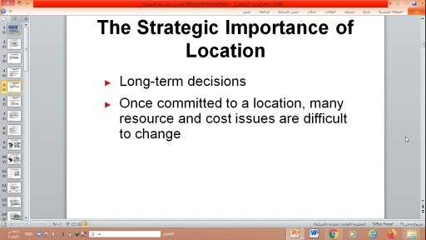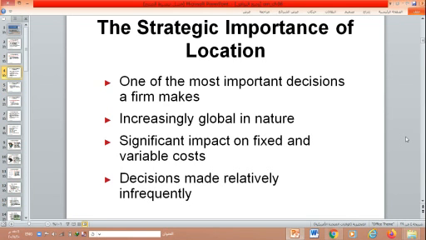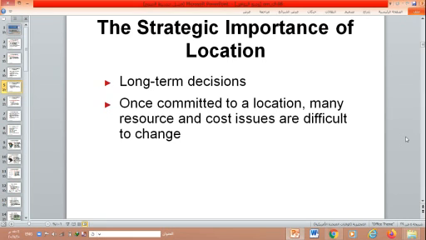So once committed to a location, many resources and cost issues are difficult to change. Once you have put in all of the sunk costs in building a facility, it is very difficult to change. So again, it is a long-term decision, and it is made relatively infrequently.